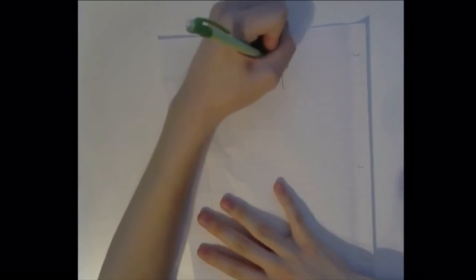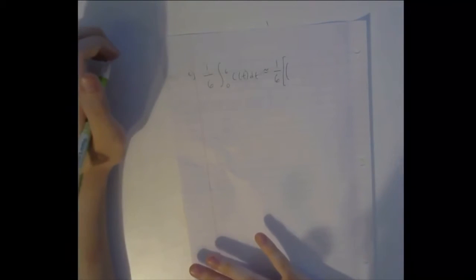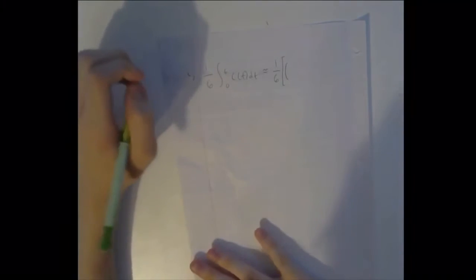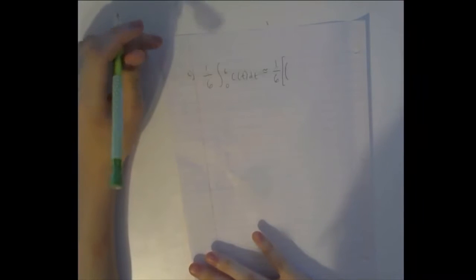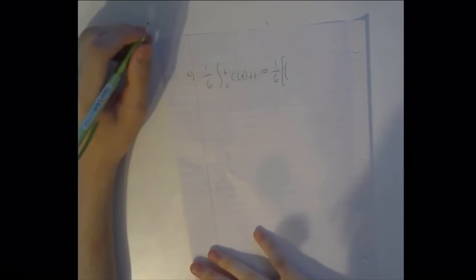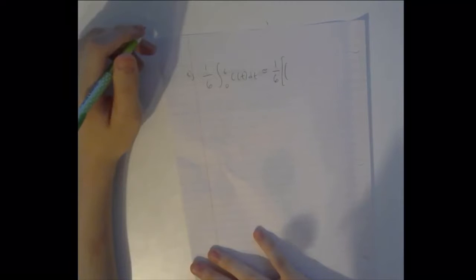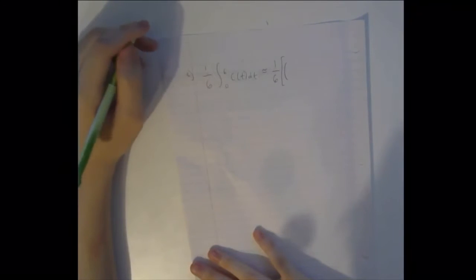So we know that they're all equal subintervals. We'll go ahead and put down 1 over 6 right here since we're multiplying it by the whole integral anyways. And then we'll put brackets and then a parentheses. So we know that the subintervals are equal lengths. There's 6 t points, so if we divide this into 3 equal lengths, then each subinterval will have a width of 2, because we'll be dividing 6 by 3 and we'll get 2.